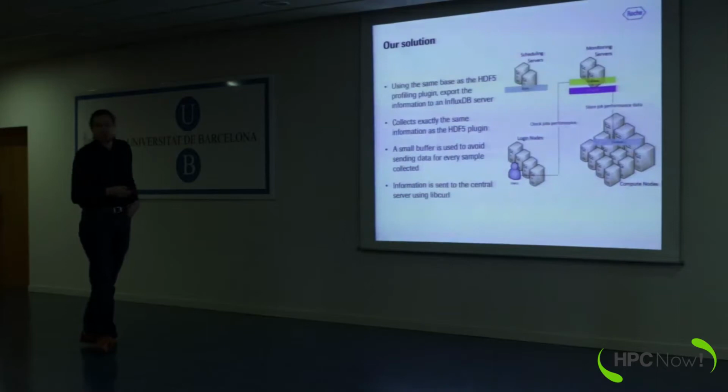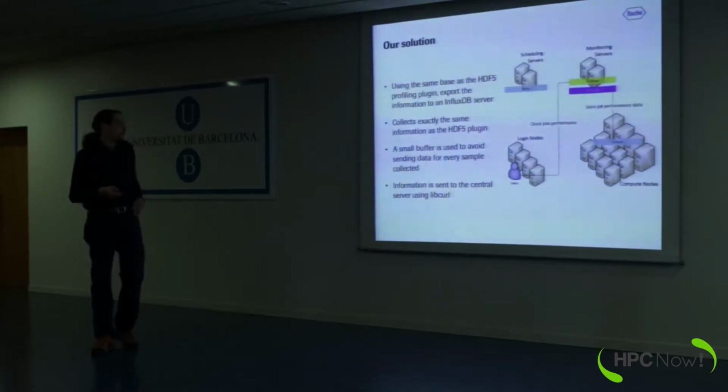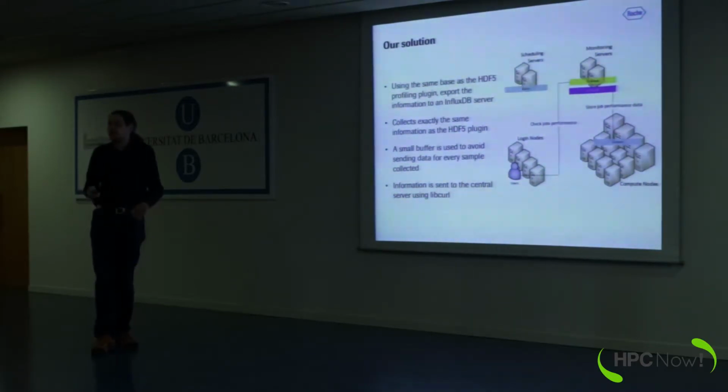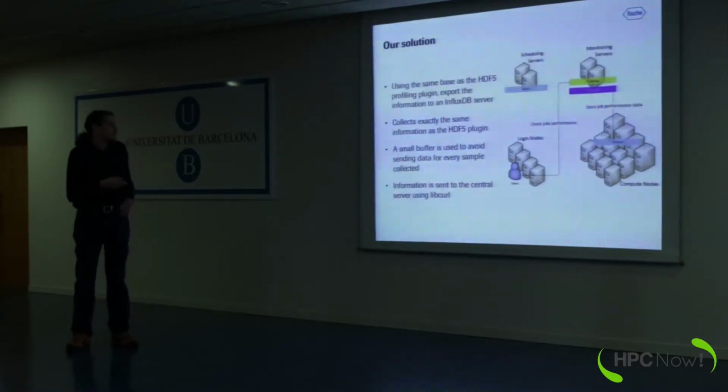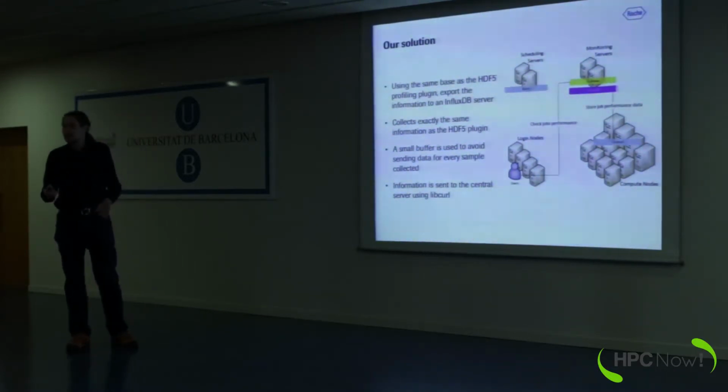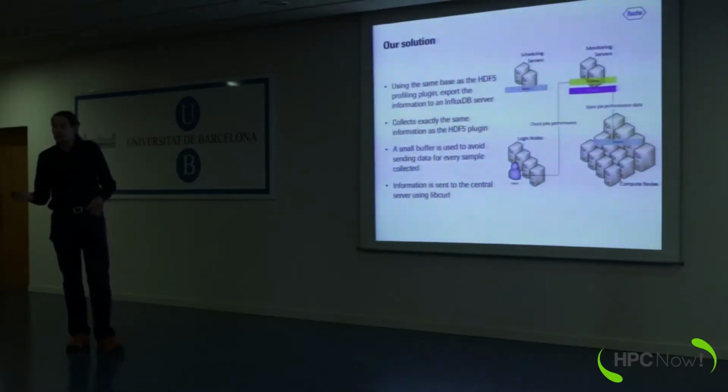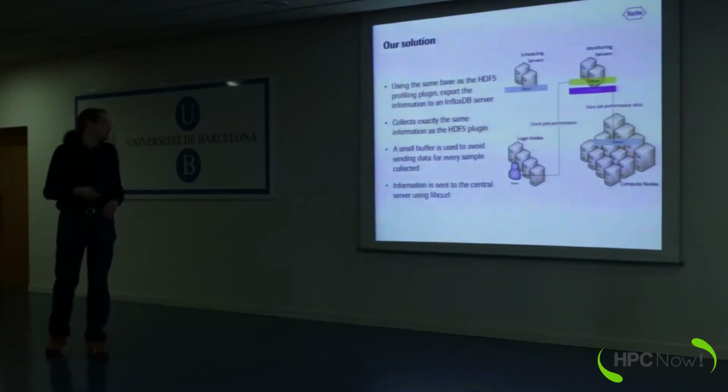It has a small buffer to avoid overloading the network with small packages. So instead of sending a package every time you collect some data, you wait, aggregate up to 16K of data, and then you send everything together.